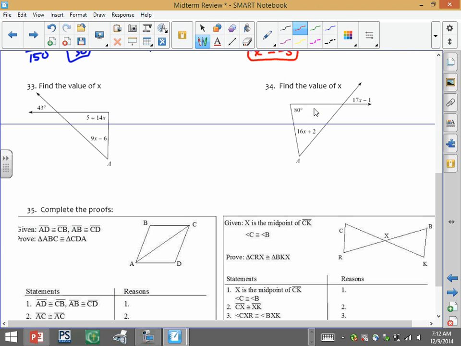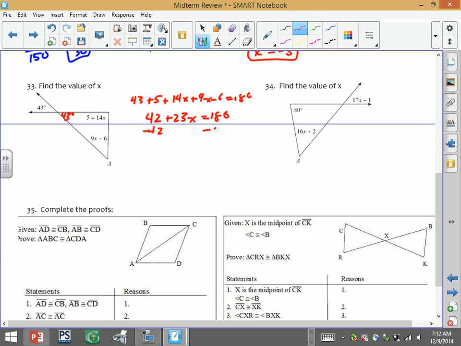Here, kind of putting it all together, we've got to move that 43 to the inside. And so again, we have 43 plus 5 plus 14x plus 9x minus 6 equals 180. Combine your like terms, so 43 plus 5 minus 6 is 42. 14x plus 9x is 23x, plus 42 equals 180.